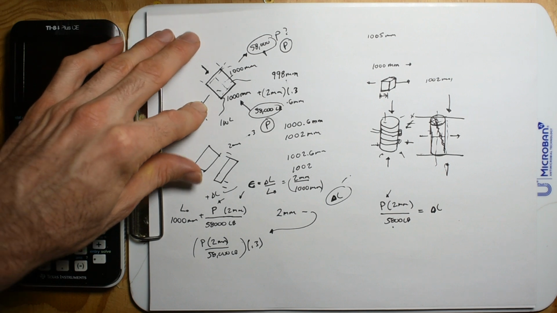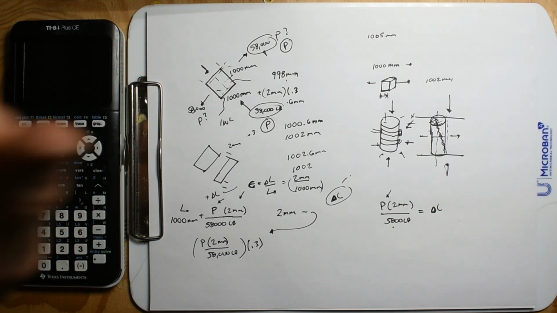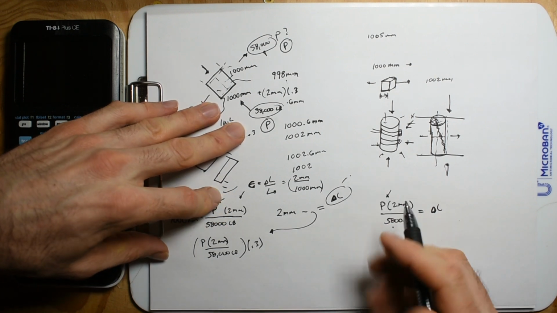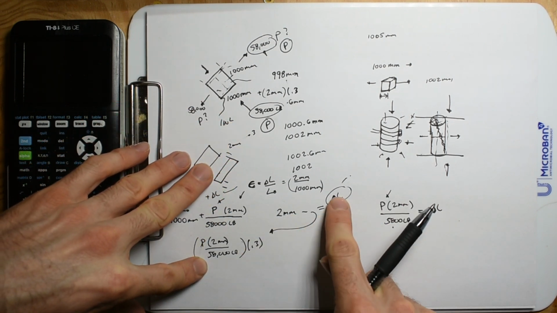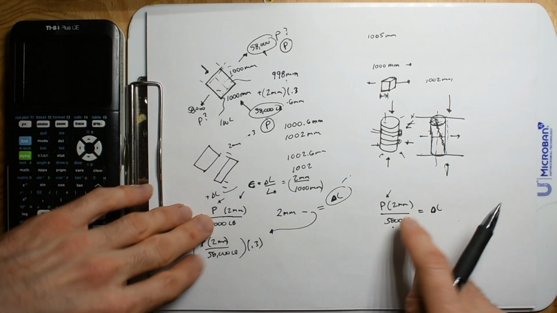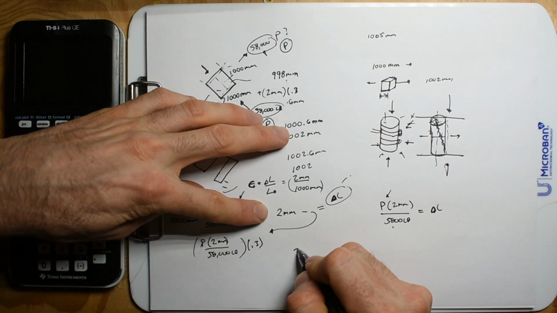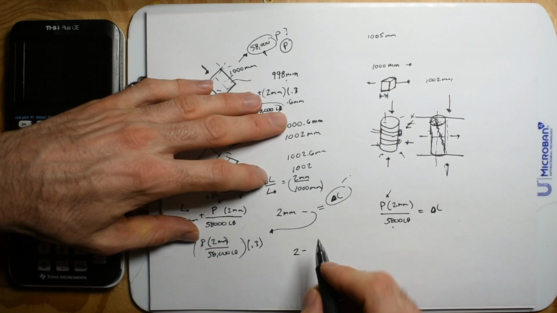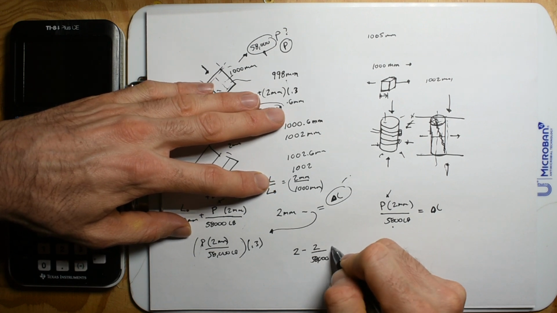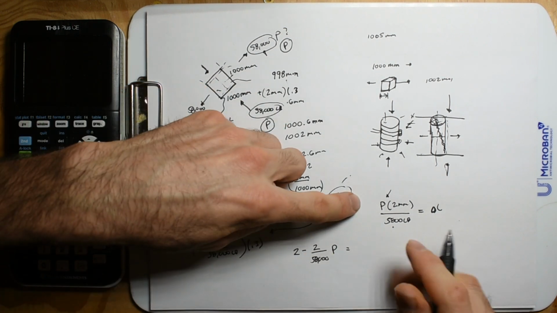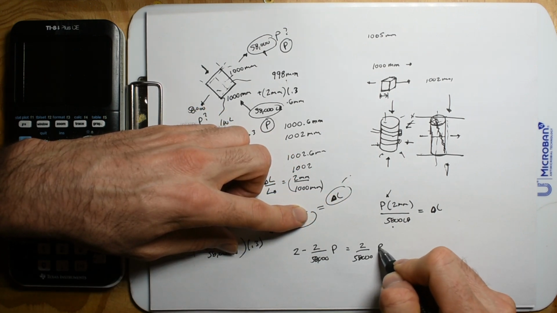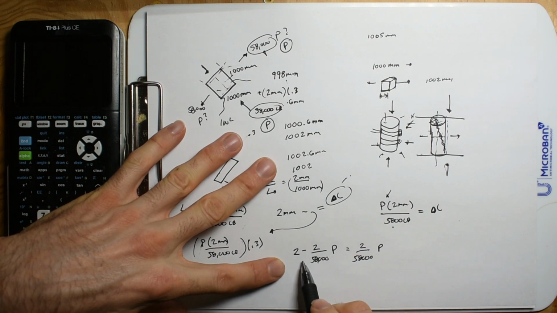So here are our two equations. This minus this is change in length, and our change in length is going to be that. Let's put those together. So we got 2 minus 2 divided by 58,000 times P is going to equal this, which is 2 divided by 58,000 P.